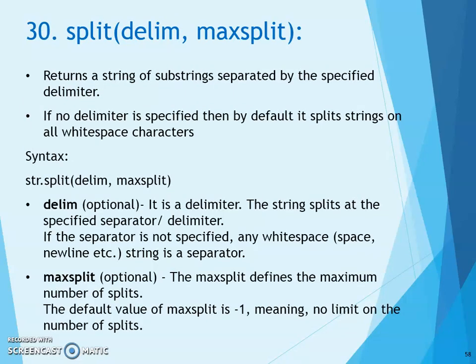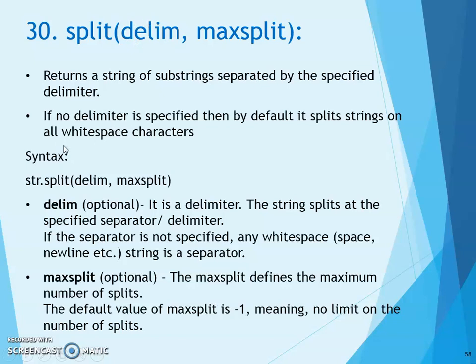Next method is split. So this split method returns a list of substrings separated by a specified delimiter. So this delimiter is given and this method splits our original string into substrings separated by whatever delimiter is provided as a parameter over here.